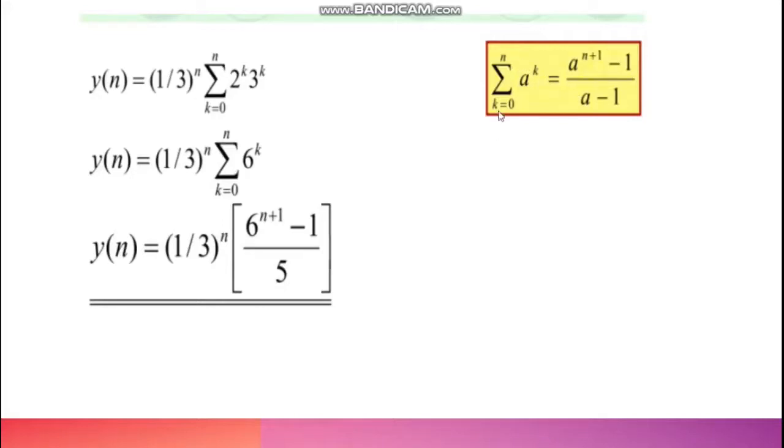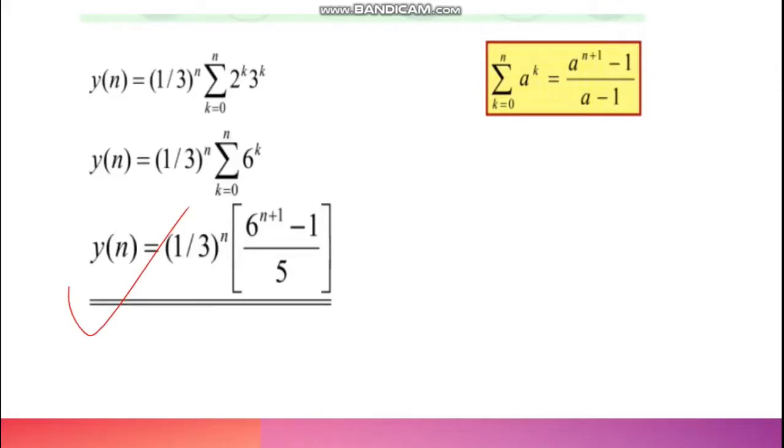So sigma k equal to 0 to n, 6^k will be 6^(n+1) minus 1 divided by 6 minus 1, which is 5. So we can write (6^(n+1) minus 1) divided by 5. So y of n can be written as (1/3)^n into (6^(n+1) minus 1) divided by 5.